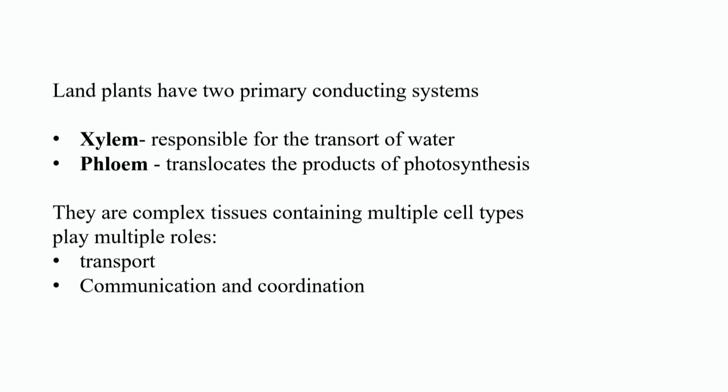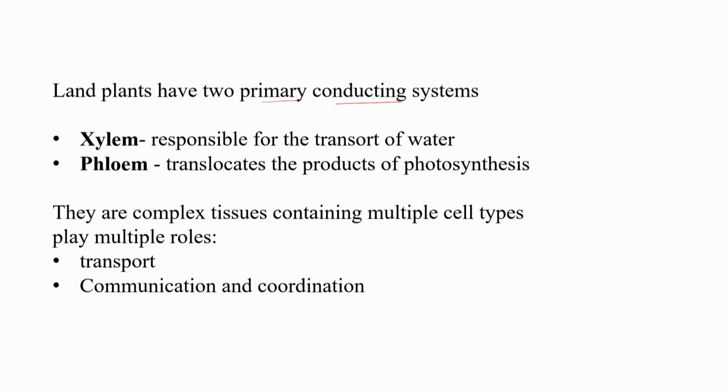On land you need to take up water from the soil and conduct it to different parts of the plant, because every part of the plant is not exposed to water.